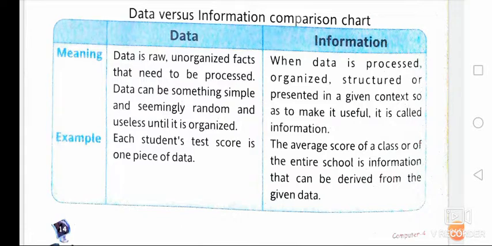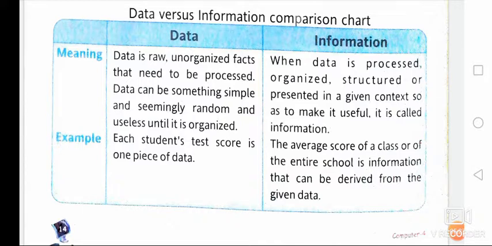Data is raw, unorganized facts that need to be processed. Data can be something simple and seemingly random and useless until it is organized. Then what is information? When data is processed, organized, structured or presented in a given context so as to make it useful, it is called information.